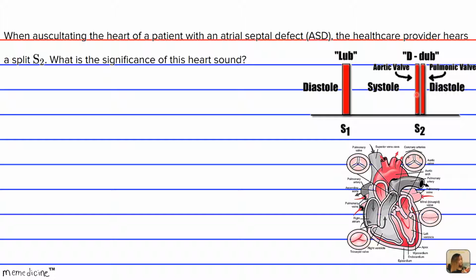So instead of these being close together, they're going to be spread apart. So instead of hearing the dub, you would hear the dub, something like that, okay?